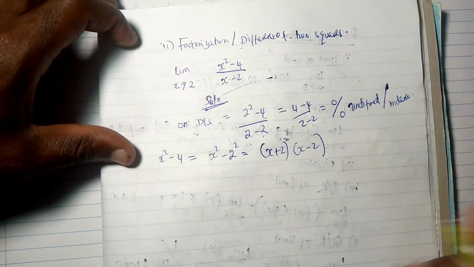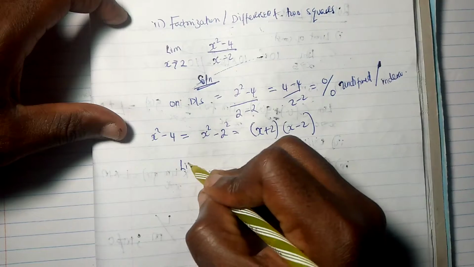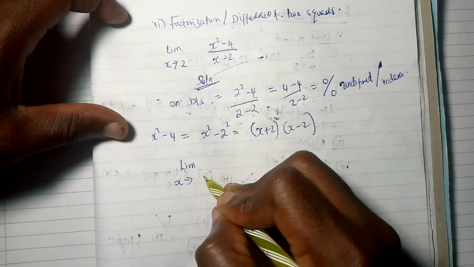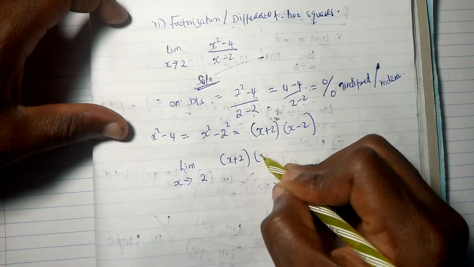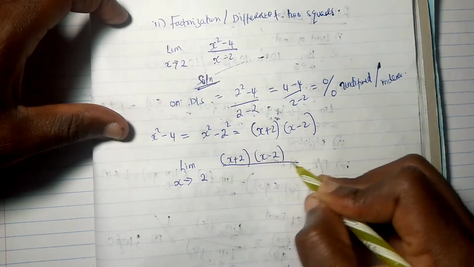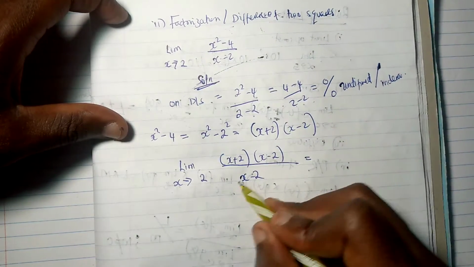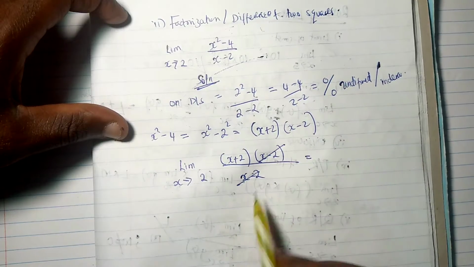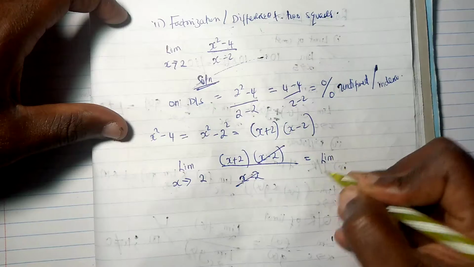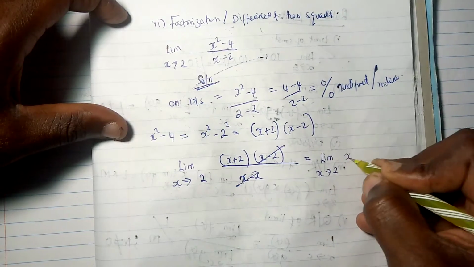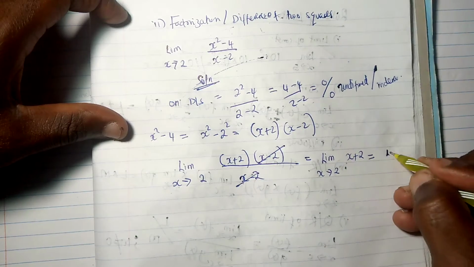So then we can write our limit as follows. We can rewrite it as the limit as x approaches 2 of (x plus 2)(x minus 2) over (x minus 2). We can simplify this, and it will remain as the limit as x approaches 2 of x plus 2, which now equals 2 plus 2, which equals 4.